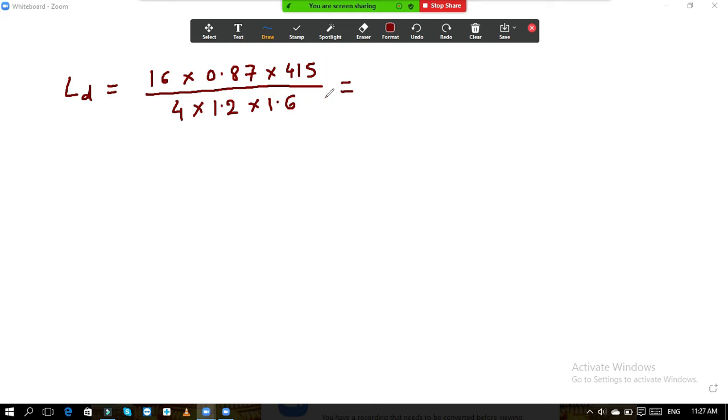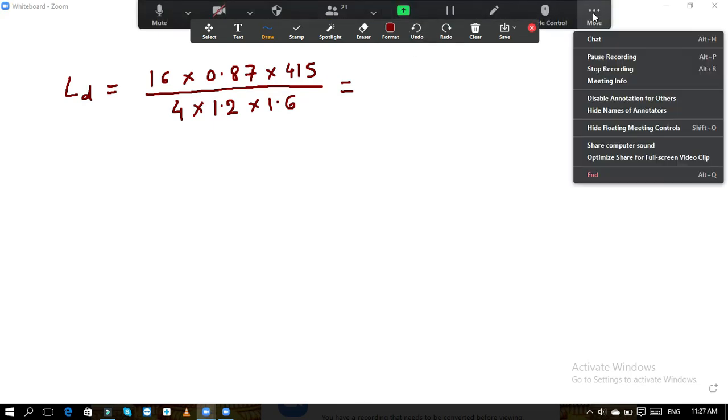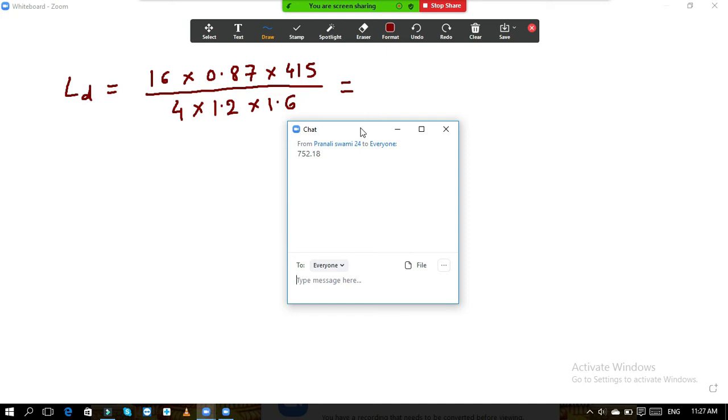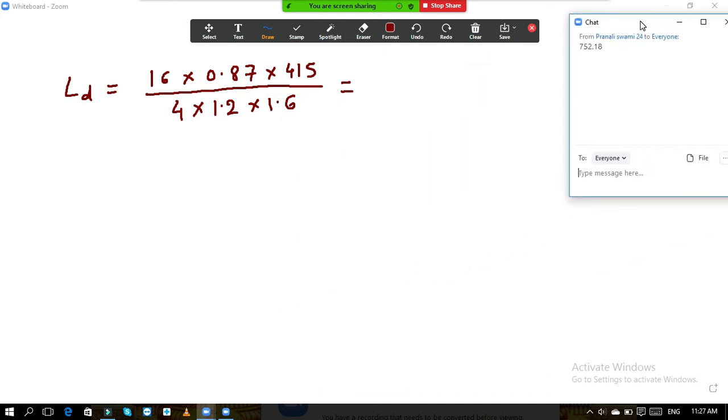So you will get the development length. So it is 752.18, which we will take as 755 mm. This is the development length.